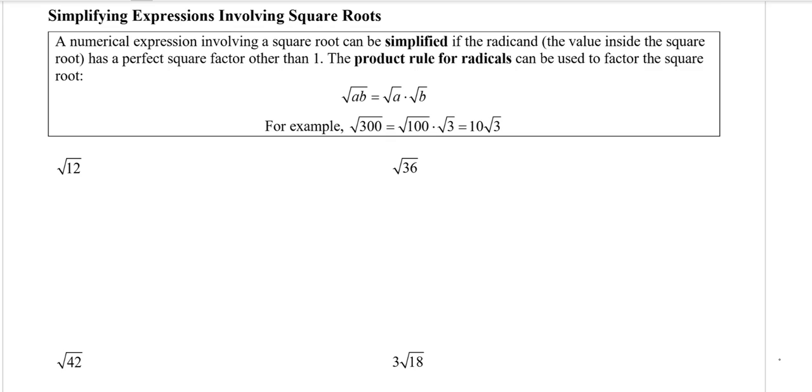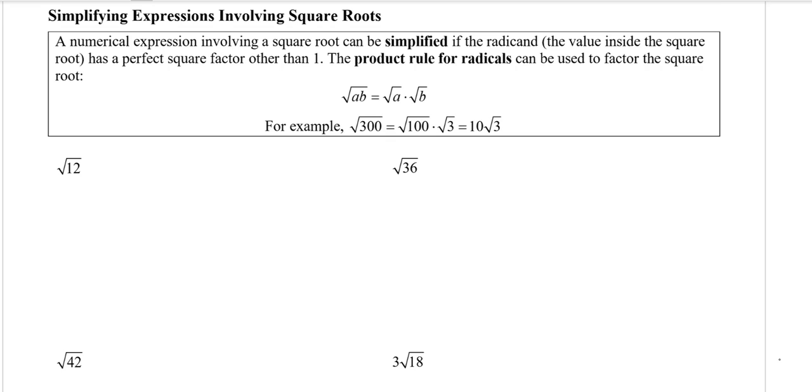Essentially, because 100 is a factor of 300, we were able to factor away a square root of 100, or 10, outside the radical. That is simplifying the radical: we factor away the perfect square factor of the radicand and bring it outside the radical.